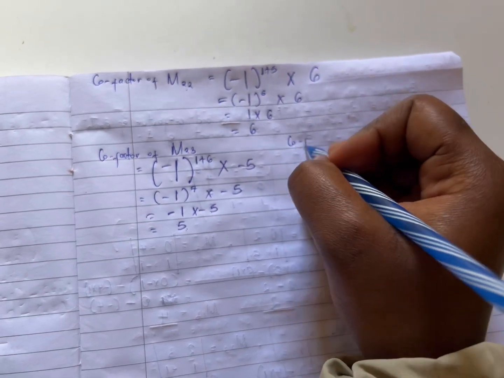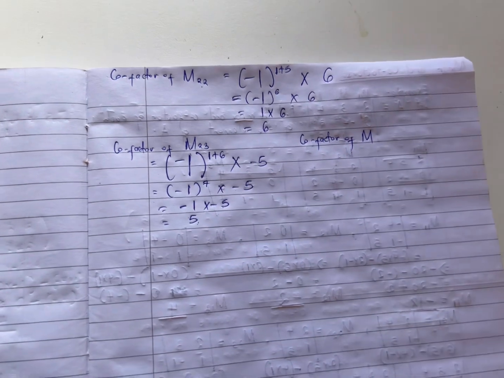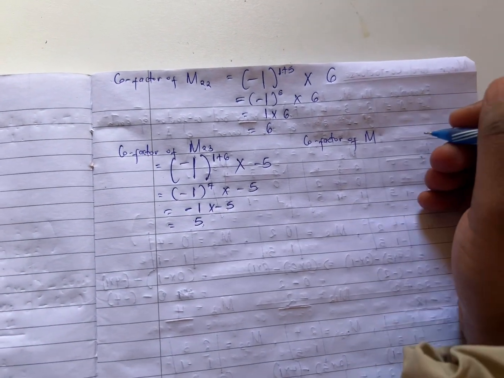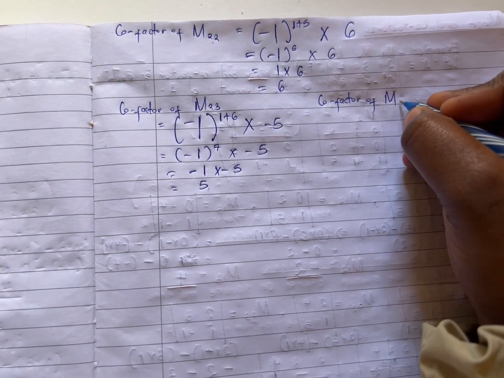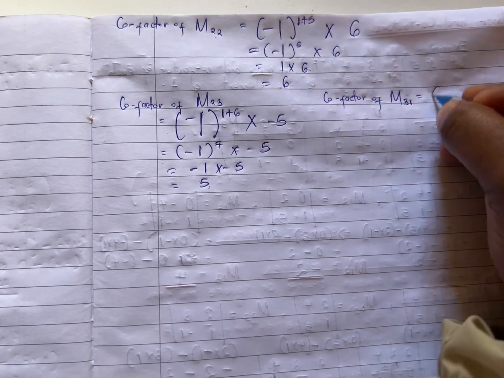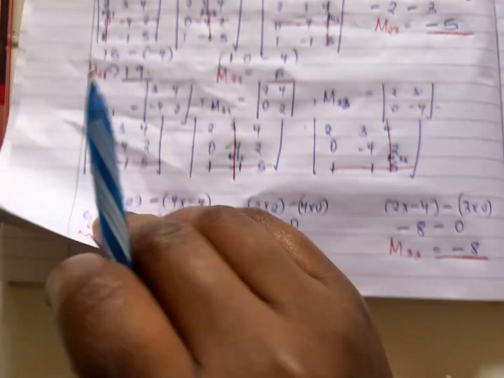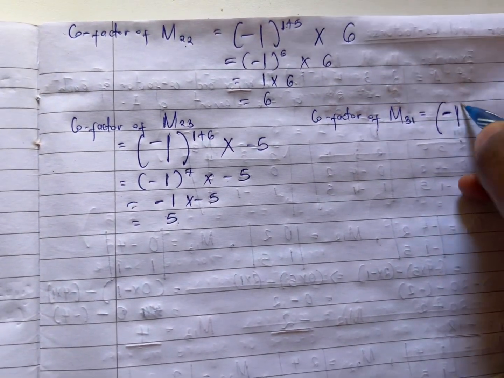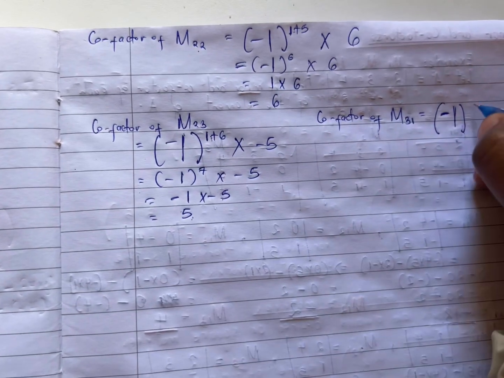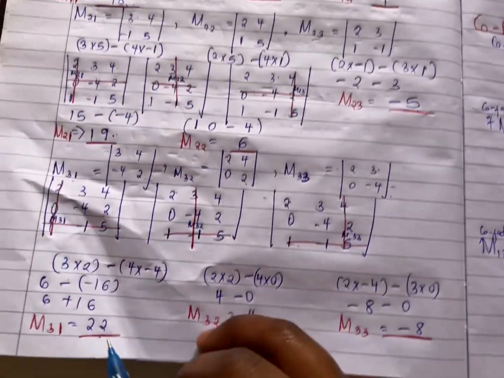Then we move to the cofactor of M31, sorry. Negative 1 power 3 plus 1, M31 was 22.